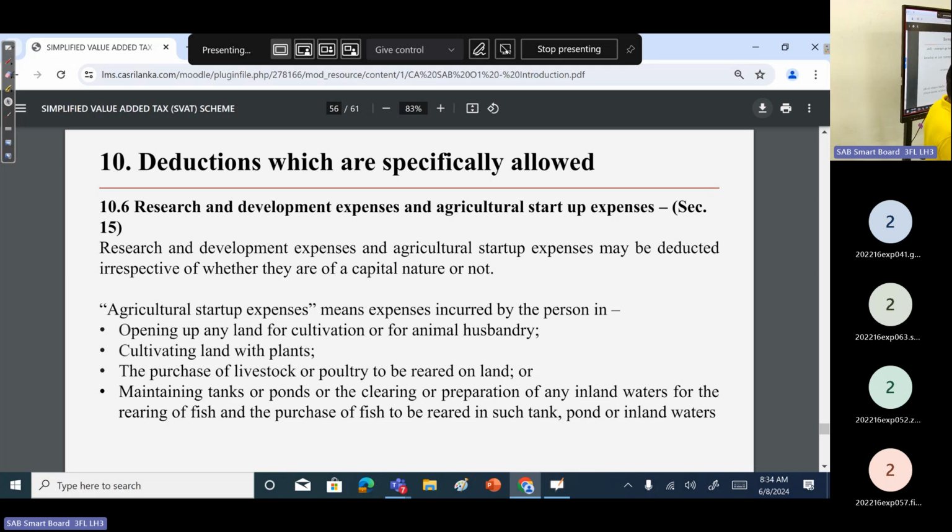That is also deductible. Right? Inland water fishing industry. Right? That is the item that we can deduct under this agricultural startup expense. Okay? So then we can deduct that particular expenditure.